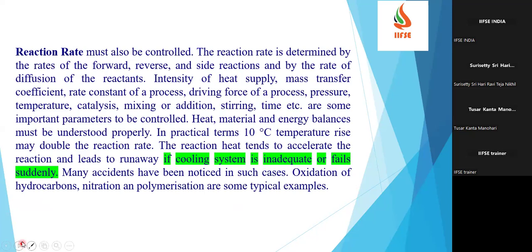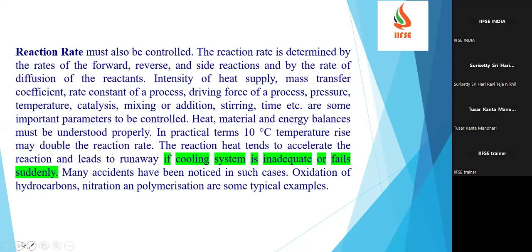So what will affect this reaction rate? One is supply and transfer of the materials, and driving forces like pressure, temperature, and catalysis, mixing, addition, stirring. All these are the parameters that can change the reaction rate. And some of the important parameters to be controlled: heat, material and energy balance must be understood properly.